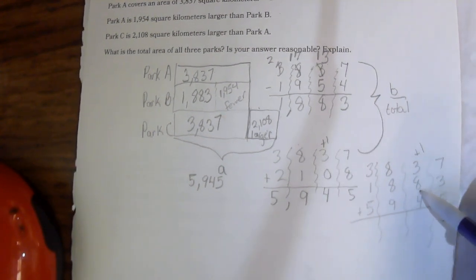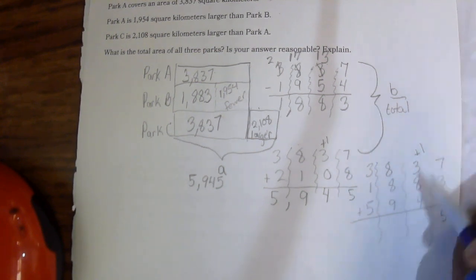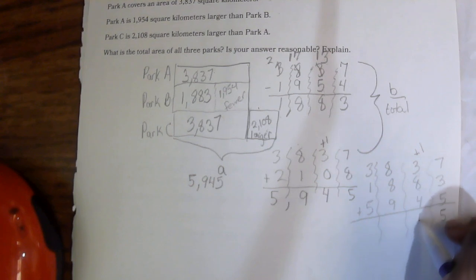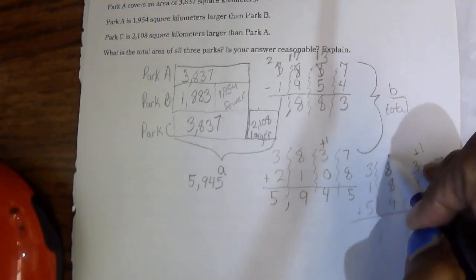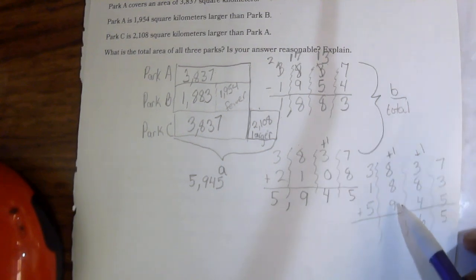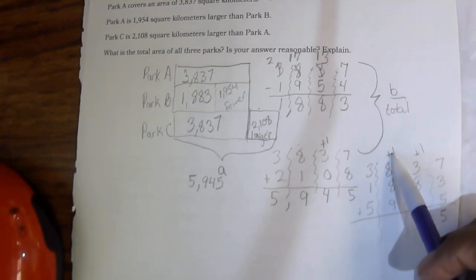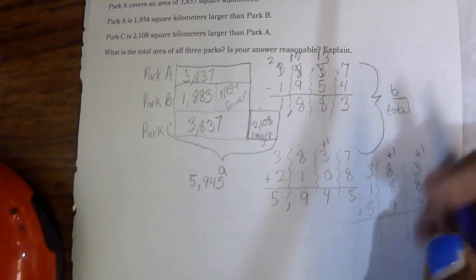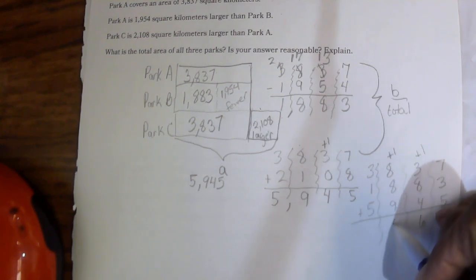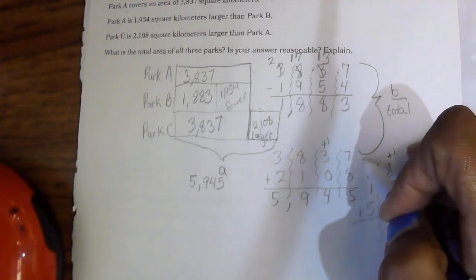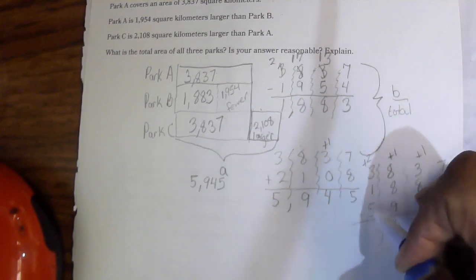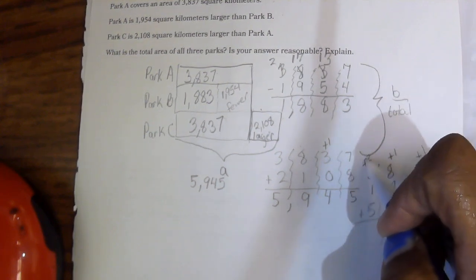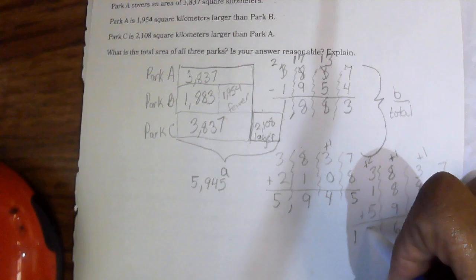We have 8 plus 4 is 12. 12 plus 3 is 15, plus 1 is 16. Okay, we have 9. 9 plus 9 is 18. 18 plus 8 is 26. 5 plus 3 is 8, plus 2 is 10, plus 1 is 11.